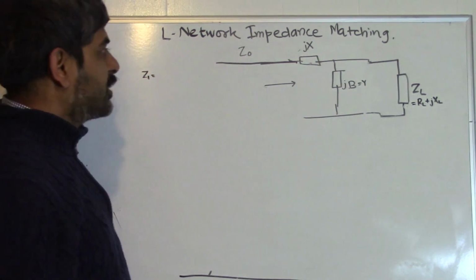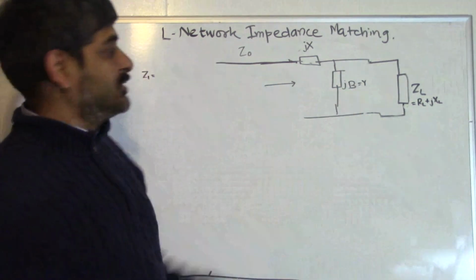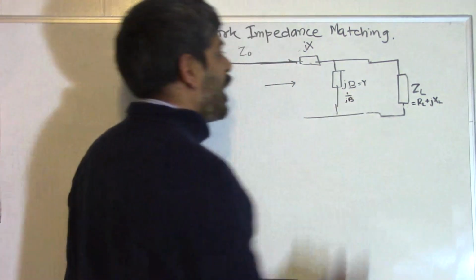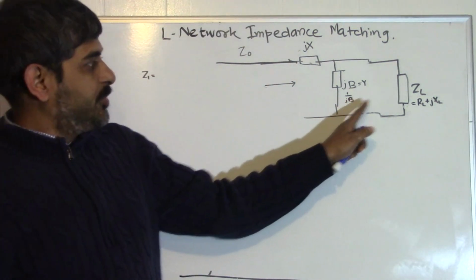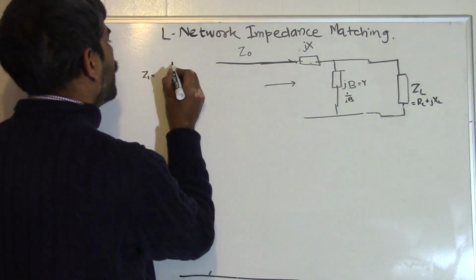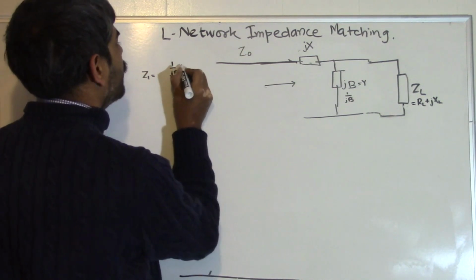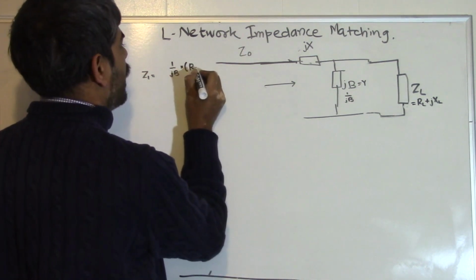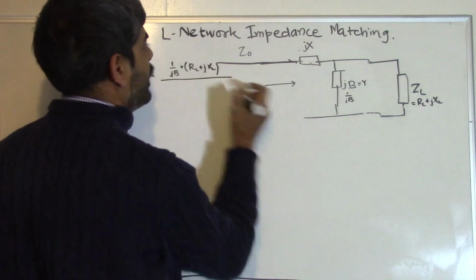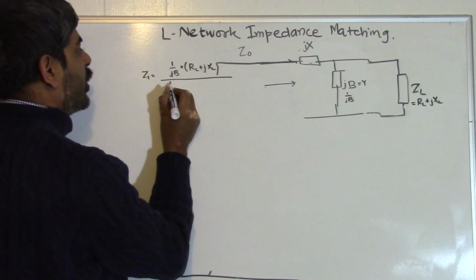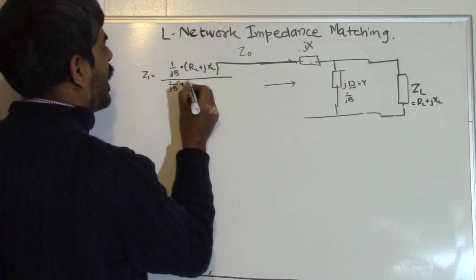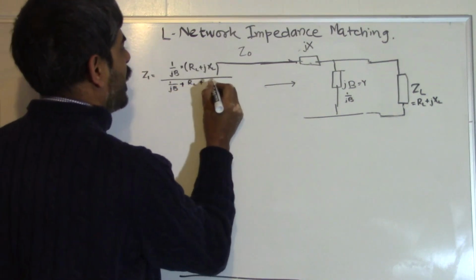If jB is admittance, its impedance will be 1 upon jB. The equivalent impedance of jB and RL plus jXL will be equal to 1 upon jB multiplied by RL plus jXL, divided by the sum of these impedances, 1 upon jB plus RL plus jXL.